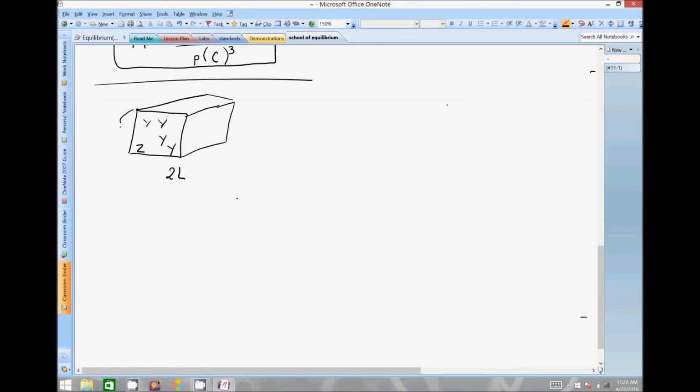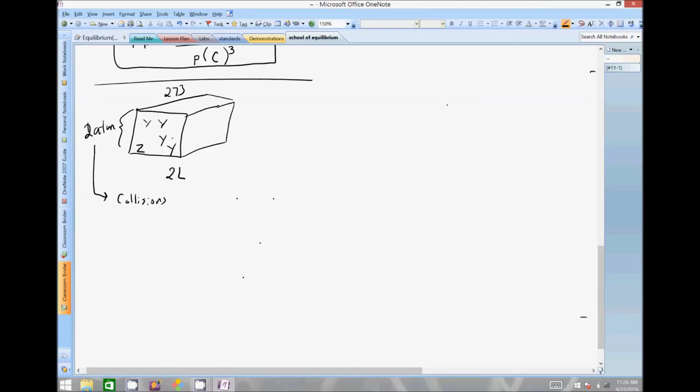Let's just say the box has a total pressure of, let's go, 2 atmospheres. And let's say we're at 273 degrees Celsius. Okay, so in this case, you should note that the pressure inside this container is due to collisions with the inside of the container wall.